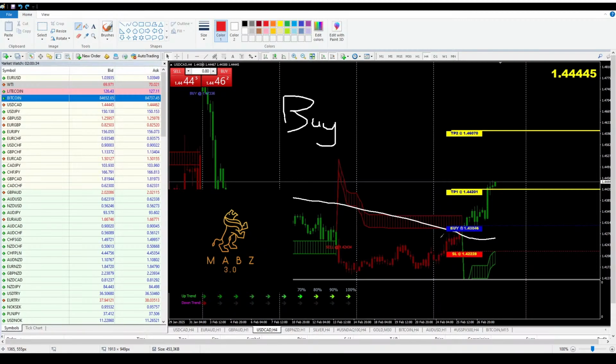This line indicates to us the behavior of the market. If the price is above this white line, it indicates to us that it is a bullish market. A bullish market is a market that's going to rise, or that has a high probability to go up.